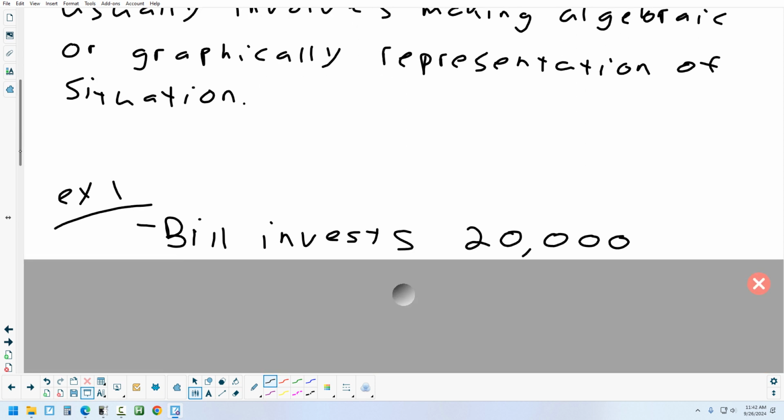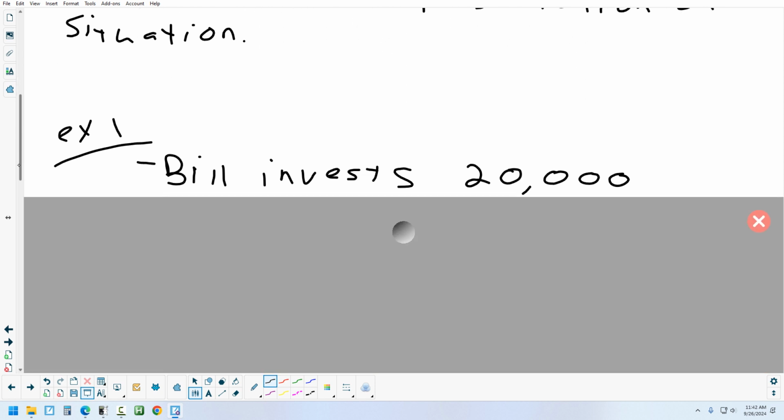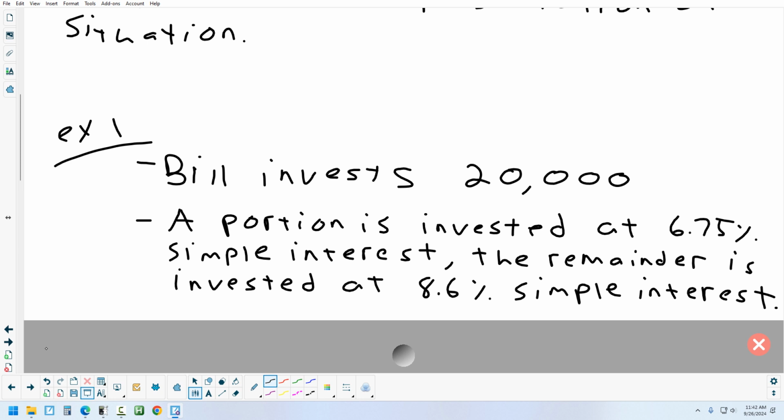Okay, so that's all Bill has, $20,000. He has two different investments that he's going to put this money in. To keep the investment relatively easy for us to do, I'm going to do a problem about simple interest. If you're familiar with banking, when you buy a house, you get a mortgage, you have to pay interest.